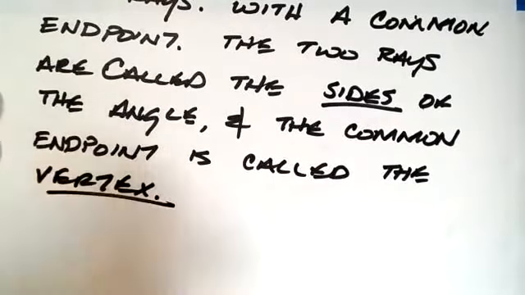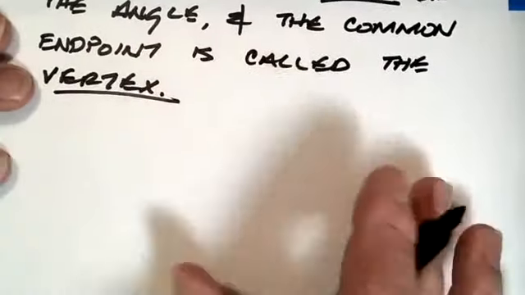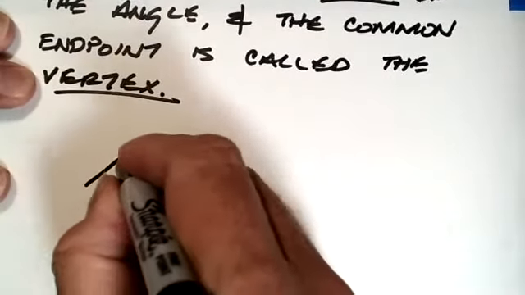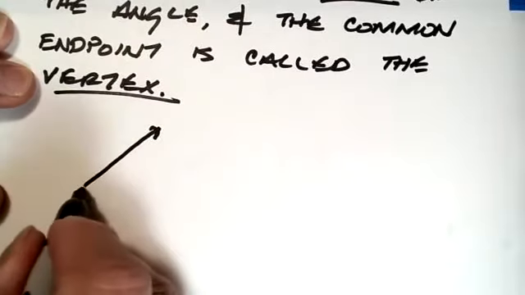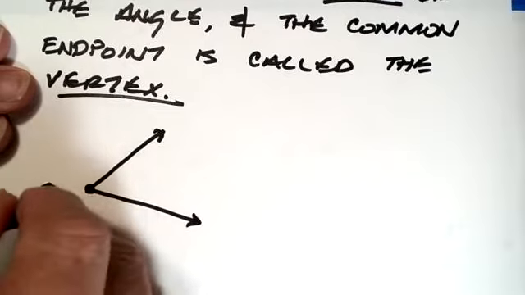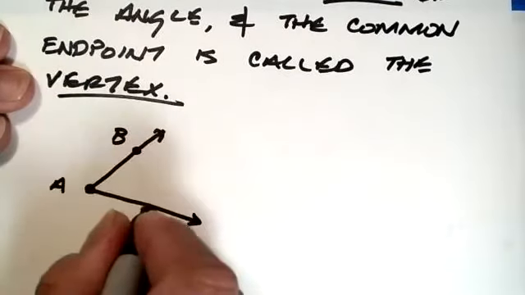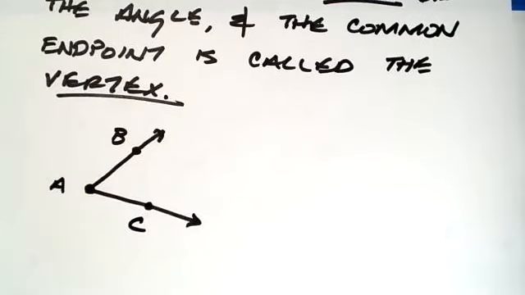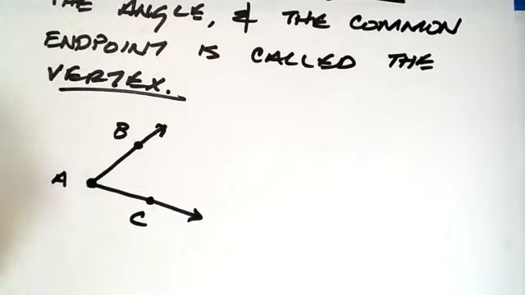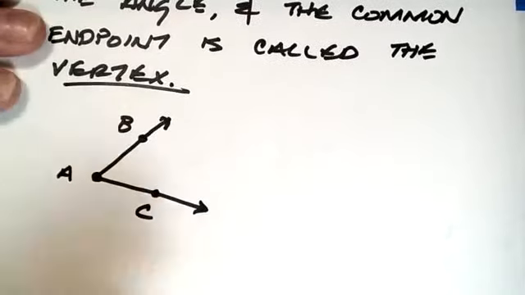Okay, so this isn't a whole lot to unpack, but I'm going to try to be very thorough here. So basically, what this is saying is if you've got one ray in space and another one that's also connected to it, this might be point A, and maybe this is point B, maybe this is point C. Now in geometry, it doesn't really make any difference which order you work in, but we're going to find very quickly that we need a specific order in order to start making measurements.